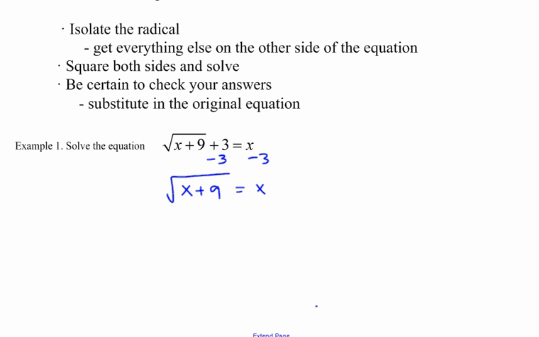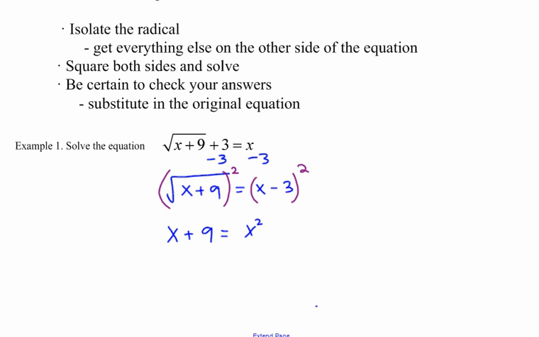x minus 3. Now that the radical is by itself, what can we do? Square both sides. Cancel, so we're left with x plus 9 equals, what do we have to remember here? FOIL. Did you learn the shortcut for perfect squares? No. Okay, well this would be x squared.